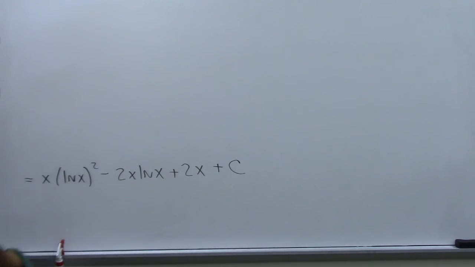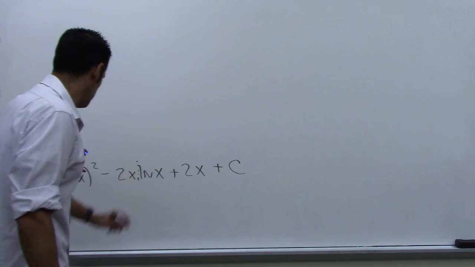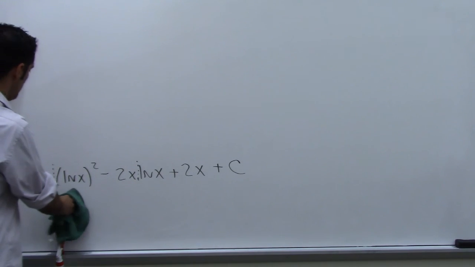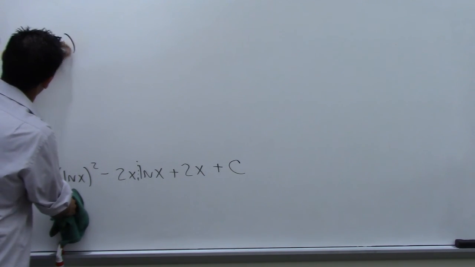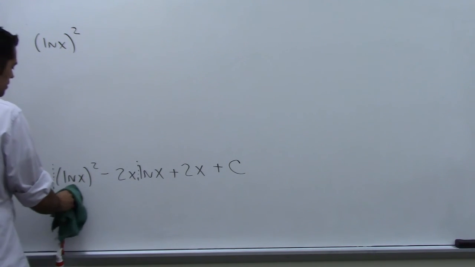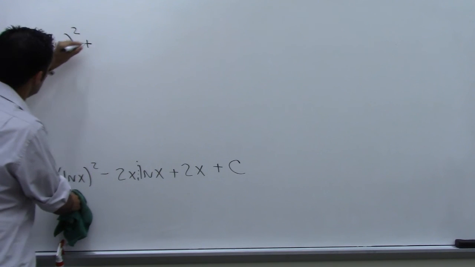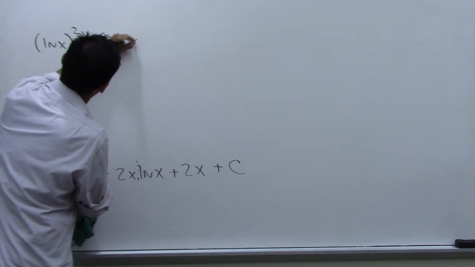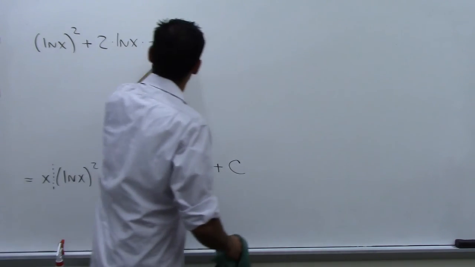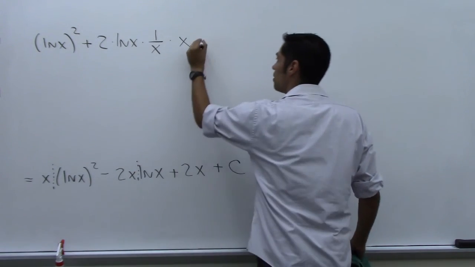So it's going to be a little complicated. We have a product rule here. We have a product rule here. So product rule on this, I'm going to get derivative of x is 1 times this. And then derivative of this times this. So derivative of this, we did that earlier. It was 2 times natural log x times 1 over x, but then times this one times x. Then we have minus.